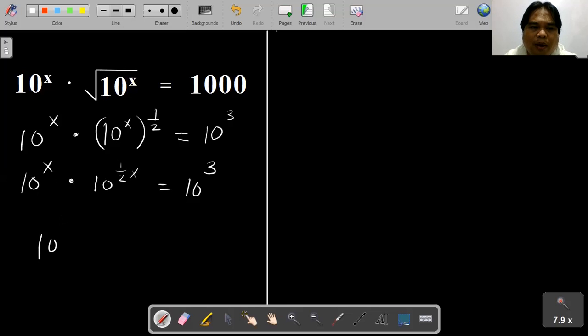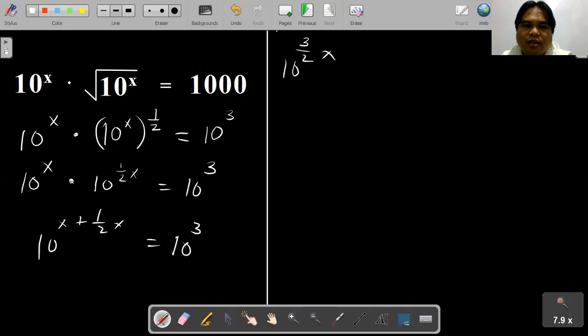You have 10 to the power of x plus 1/2 x equal to 10 to the power of 3. So x plus 1/2 x gives you 3/2 x. You now have an equation with the same base. Equate the exponents, so you have 3/2 x equal to 3.